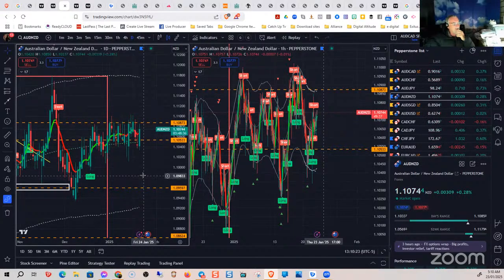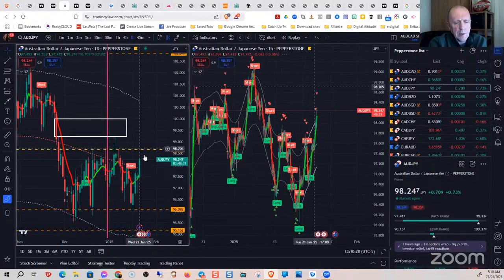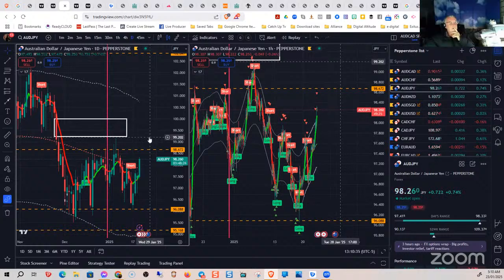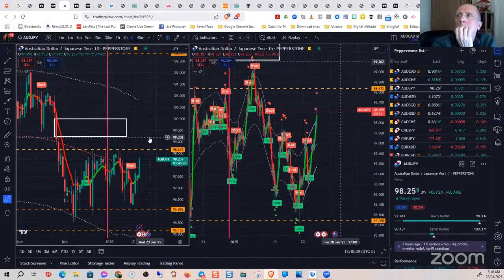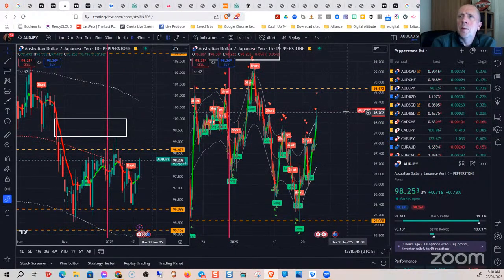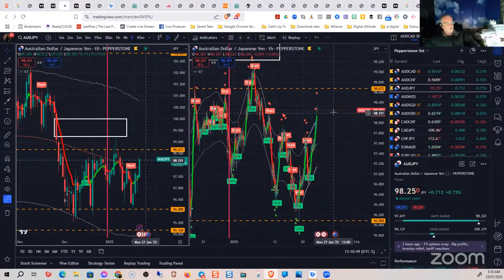EUR JPY and SGD JPY are pushing up nicely, which by my rules means I'll be moving my stop loss on there.